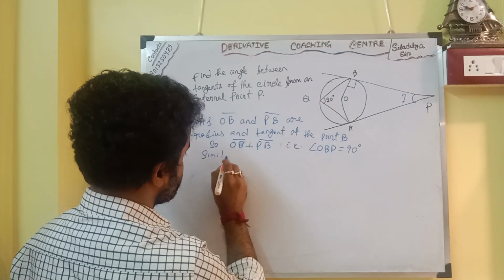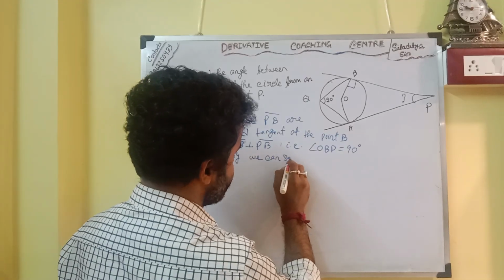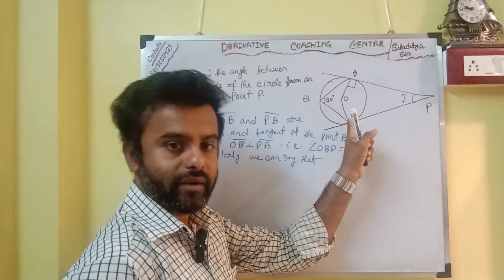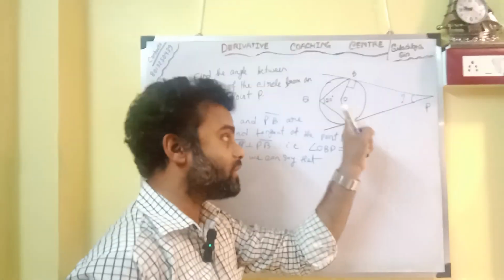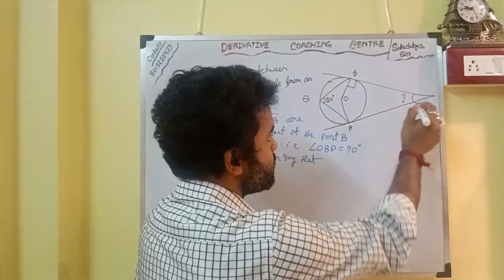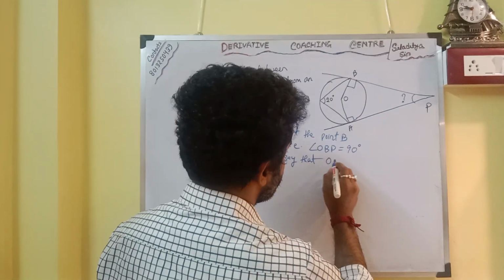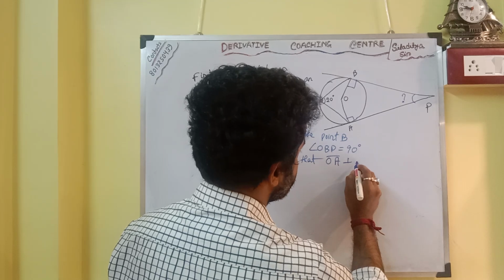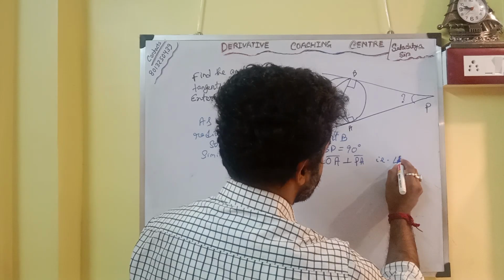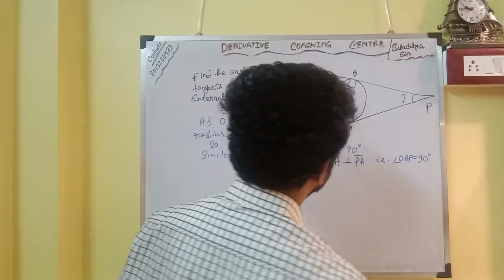Similarly, we can say that, look, this OA is the radius and PA is the tangent at the same point A, that is, at the point of contact. So here also OA is perpendicular to PA, that is, angle OAP equal to 90 degrees.